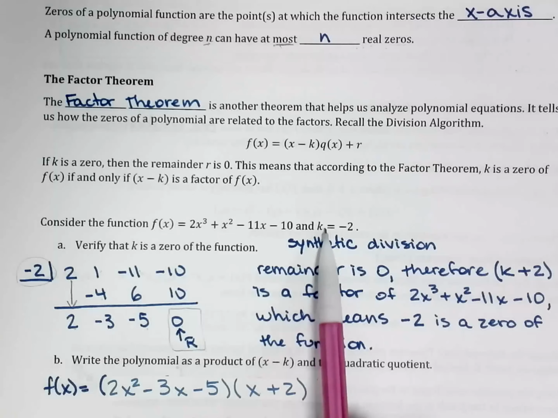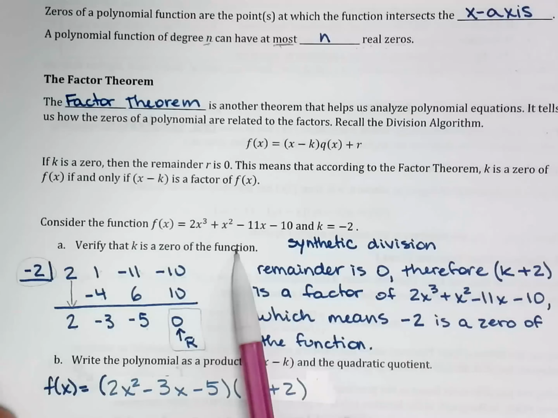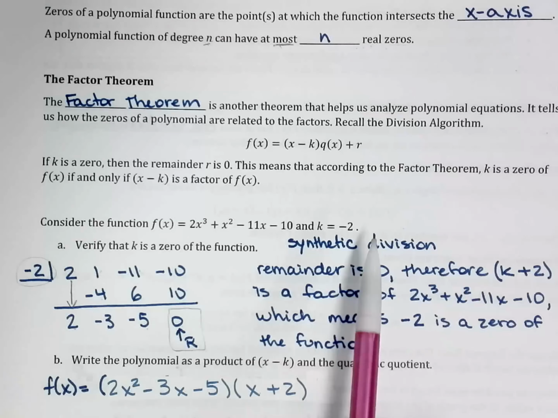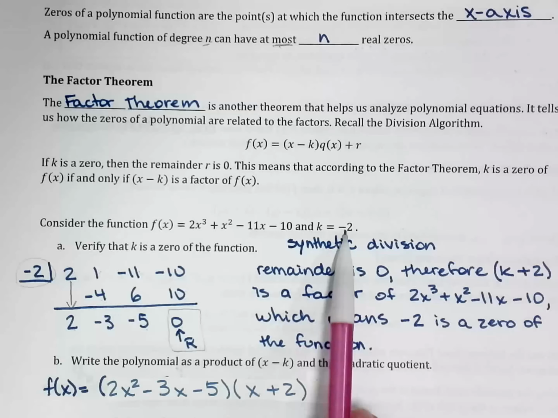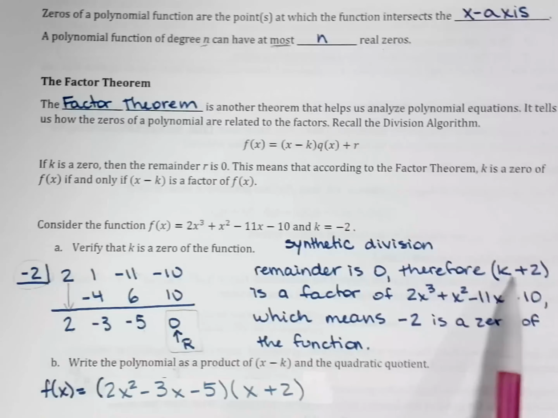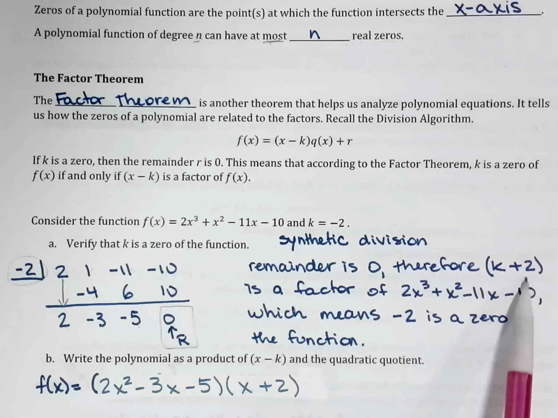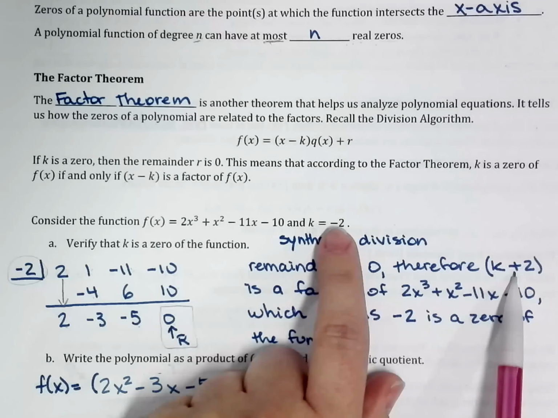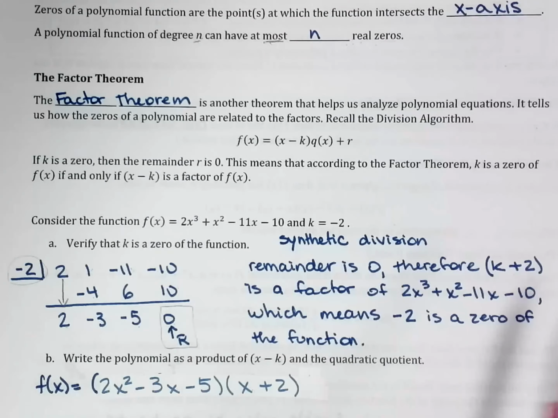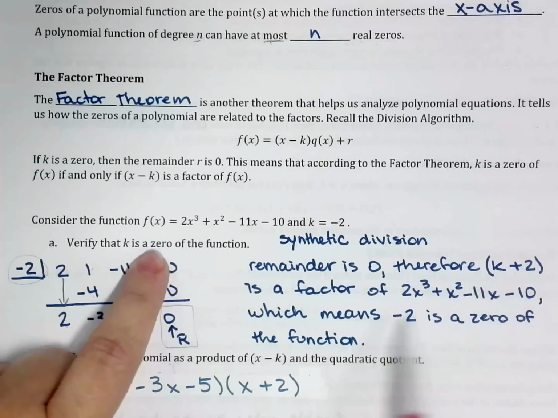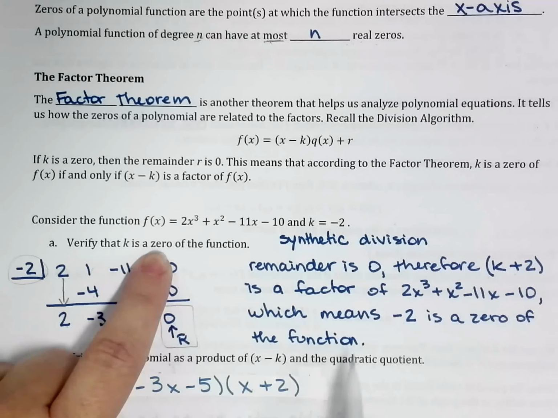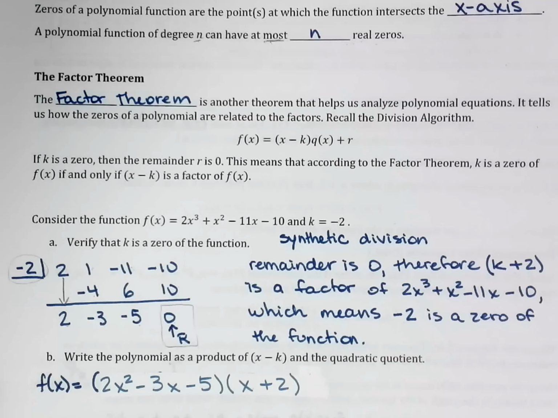And we talked about how to go from the 0 of the function to writing a factor back and forth. So if k equals -2, then k plus 2 is a factor. Okay? The sign right there, pay attention to that, is a factor of this polynomial right there, which means -2 is, in fact, a 0 of the function, or one of the roots.